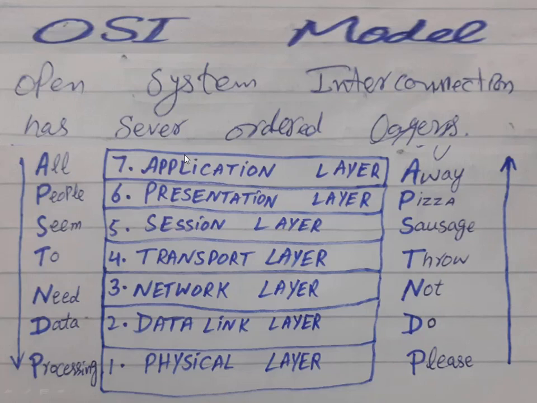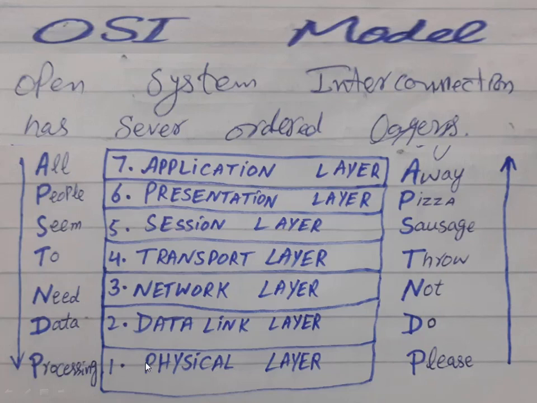The easy way to remember these layers, I have mentioned here a logic: All People Seem To Need Data Processing. A is for application layer, P stands for presentation layer, S means session layer, T stands for transport layer, N stands for network layer, D stands for data link layer, and this last P stands for physical layer.